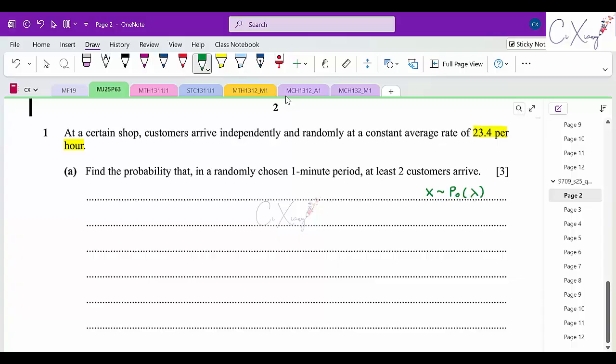To calculate the probability for X equals r, the general formula is e to the negative lambda, lambda to the power r, divided by r factorial. And then there's a shortcut formula.